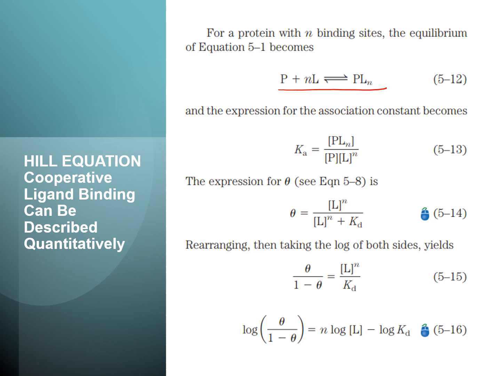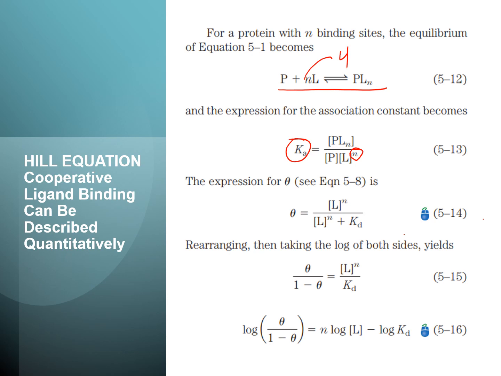This is because there are N binding sites. In the case of hemoglobin, of course, N is 4 because there are 4 binding sites. If we put this equation into a Ka expression, notice we have to raise the ligand concentration to the power of N due to the stoichiometry of the equation.